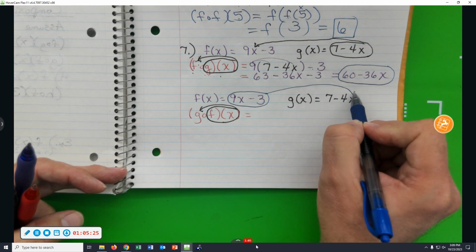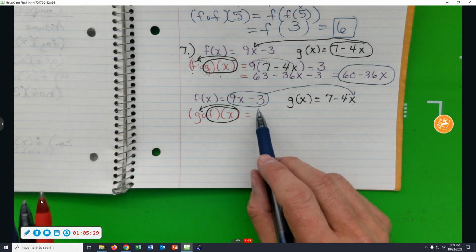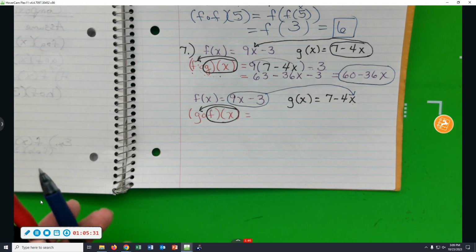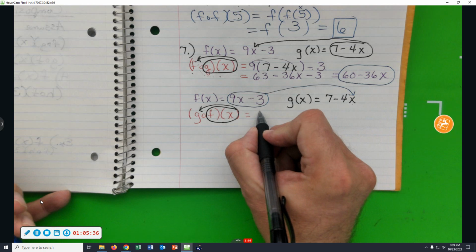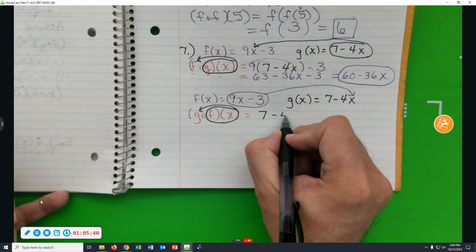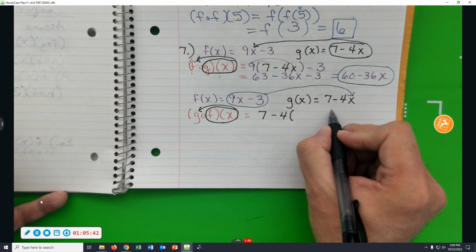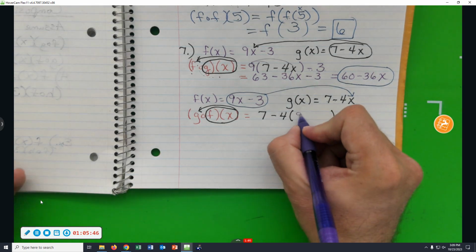So in place of that black x here, I'm going to put 9x minus 3. So if I plug f into g, I have a black 7, a black minus 4. In place of that black x, I'm going to put the purple 9x minus 3.